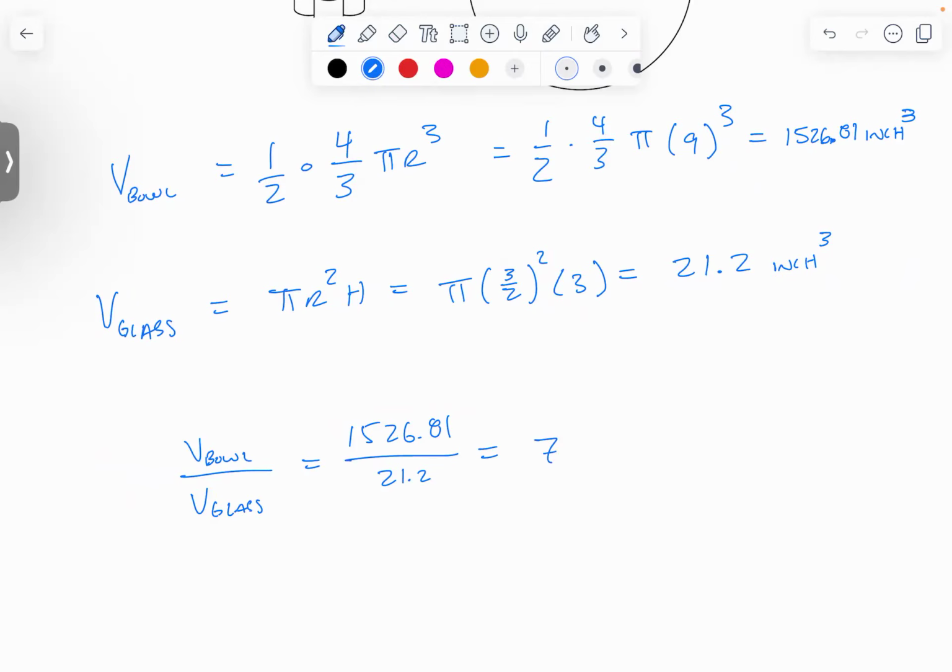Which would give us 72, according to my calculation, 0.02 glasses.